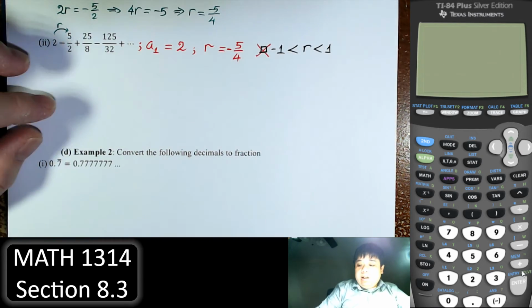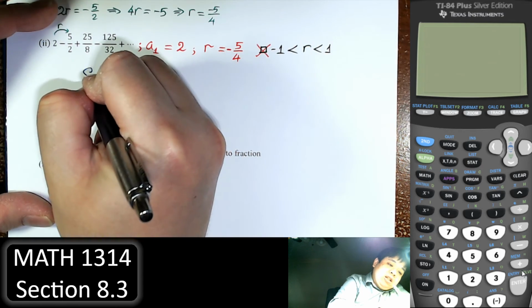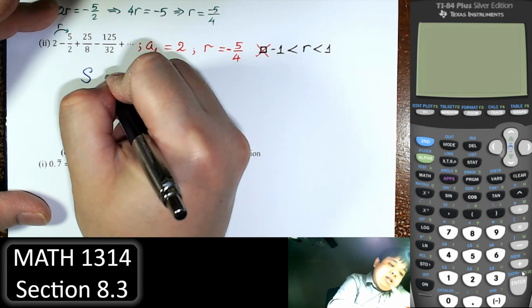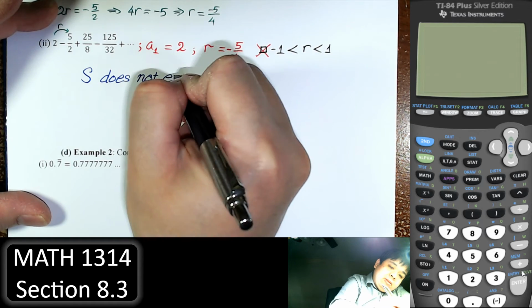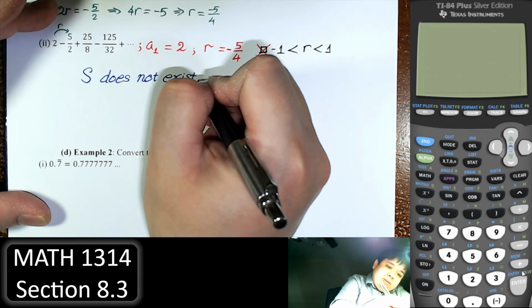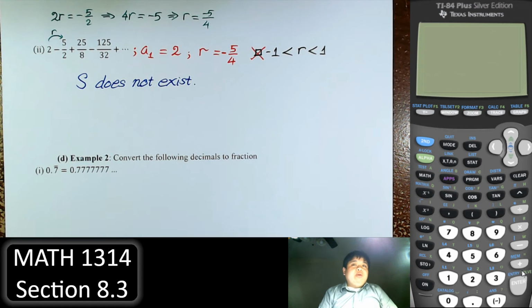Because of that, we say the sum of the geometric series does not exist. So be mindful of the case when the ratio is not between -1 and 1.